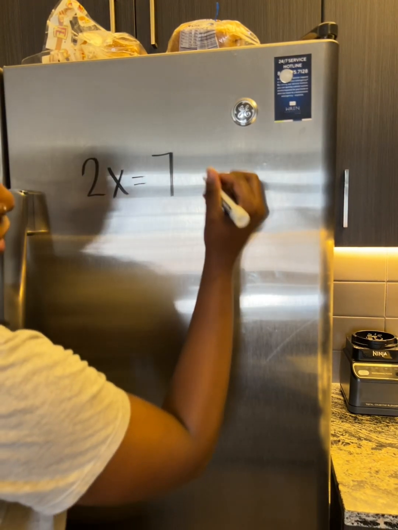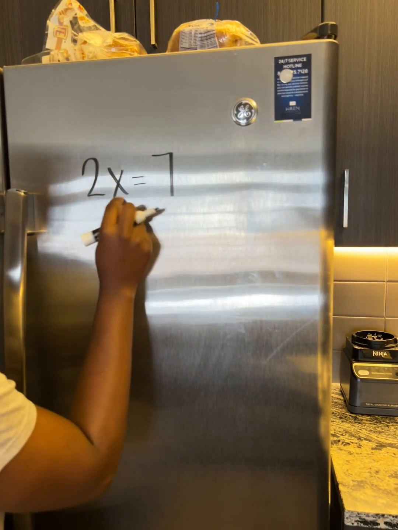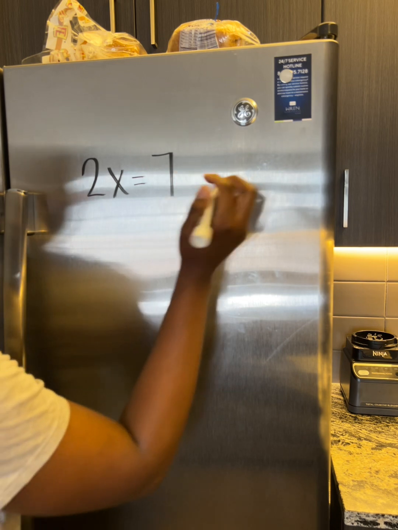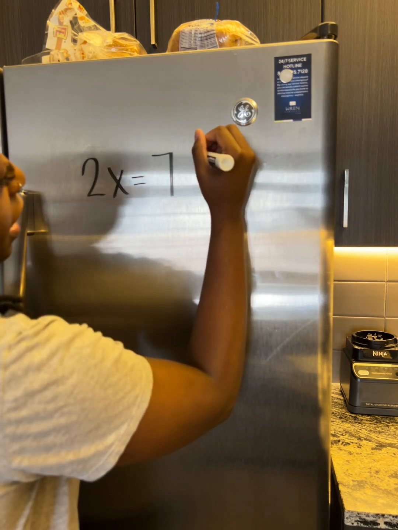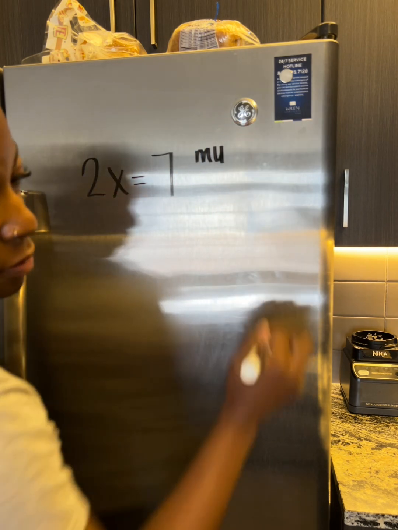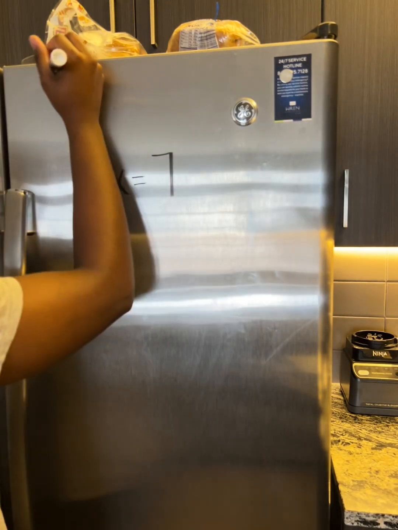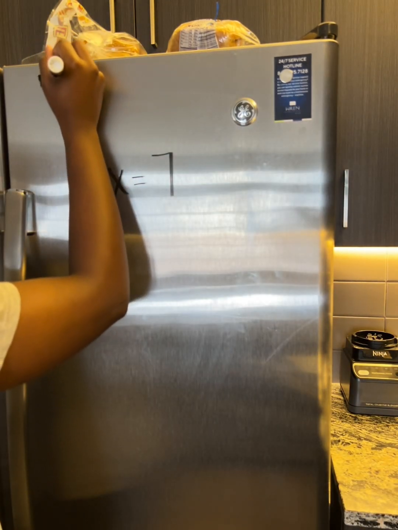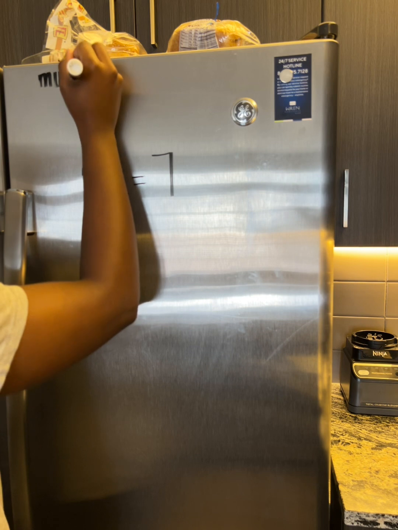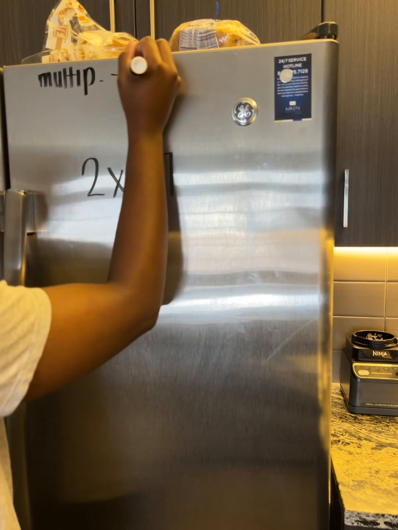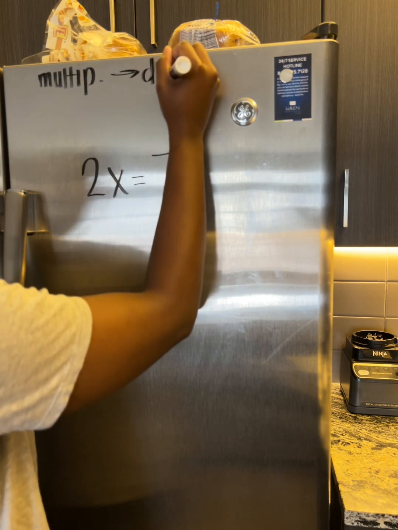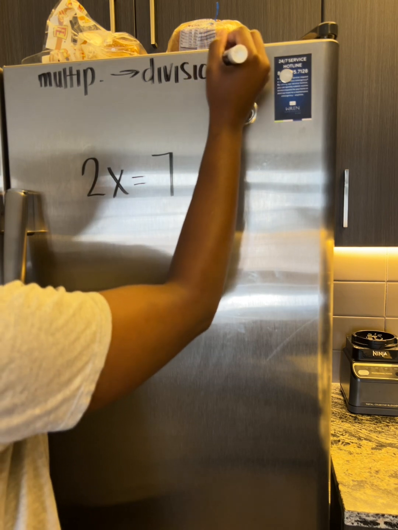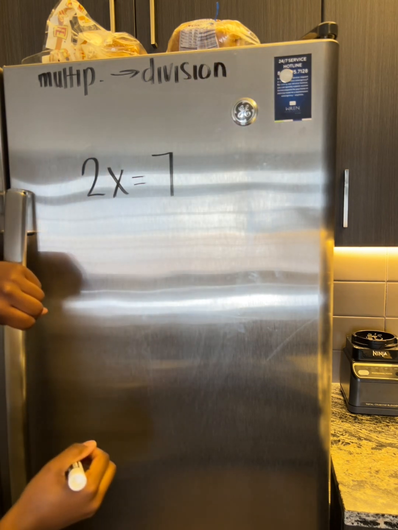When you have a multiplication problem, if you want to get x by itself and move this 2 to the other side, you have to do the opposite. And the opposite of multiplication, let me put it up at the top, is division. Okay, so I know that I'm gonna have to divide somewhere up in there.